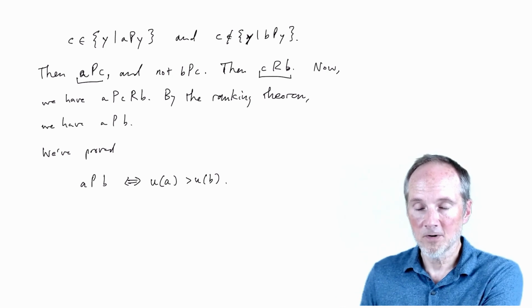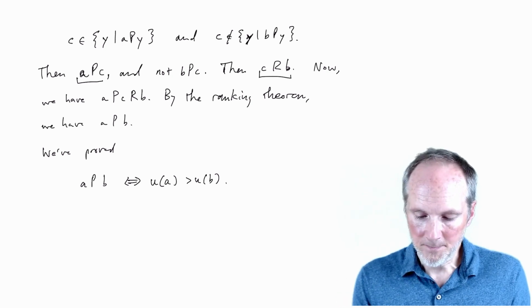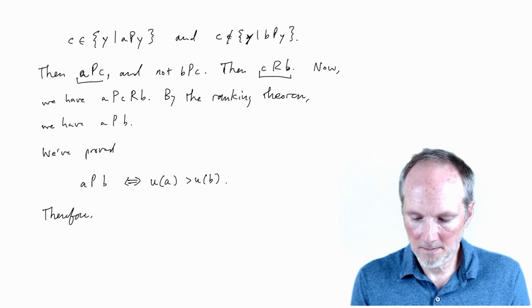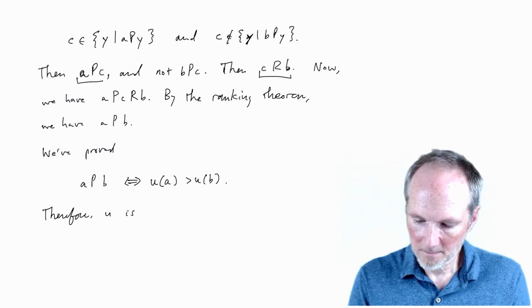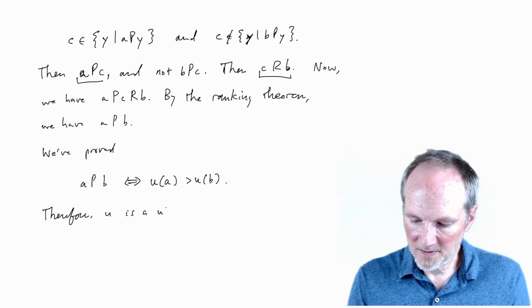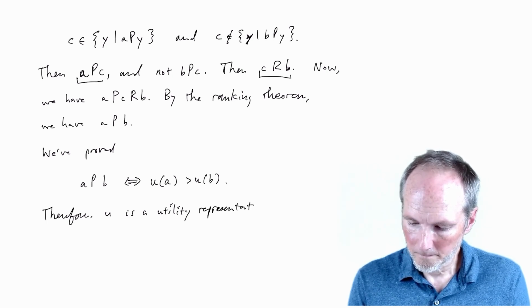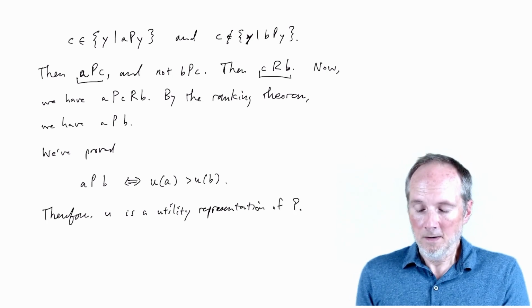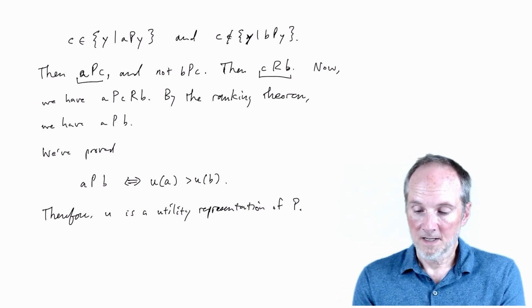Since A and B were arbitrary alternatives that I drew out of the bag, it follows that U is a utility representation of P. All we assumed there, well, we're assuming that the set of alternatives is finite.